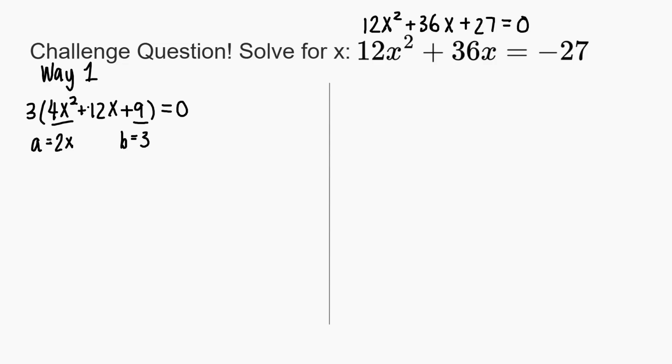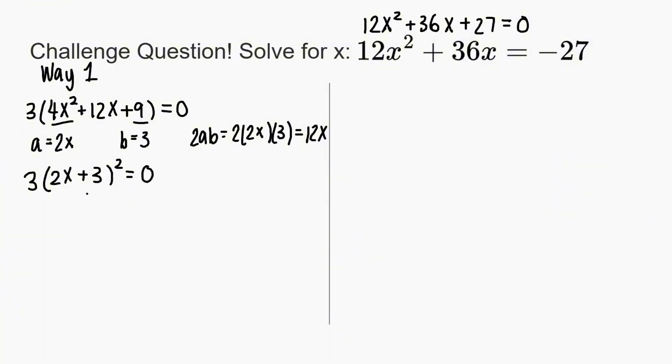So let's check to see whether this middle term is equal to 2ab. 2ab equal to 2 times 2x times 3, which is equal to 12x, which means this is a perfect square trinomial, which means this is equal to 3 times 2x plus 3 squared. So we know that 2x plus 3 is equal to 0, 2x is equal to negative 3, and x is equal to negative 3 divided by 2.